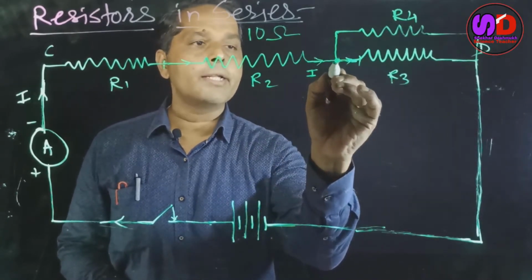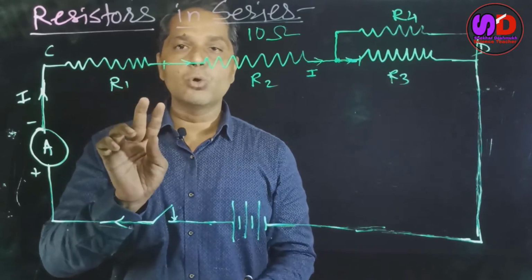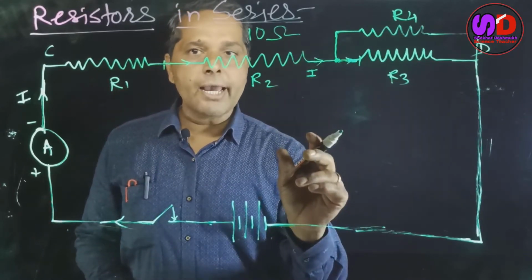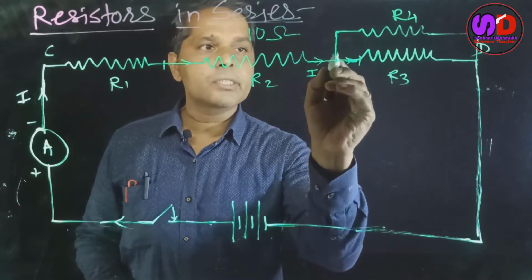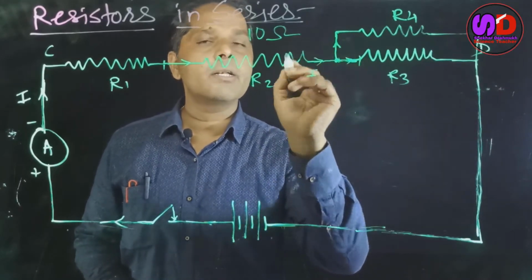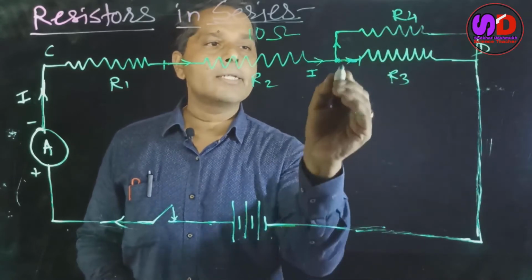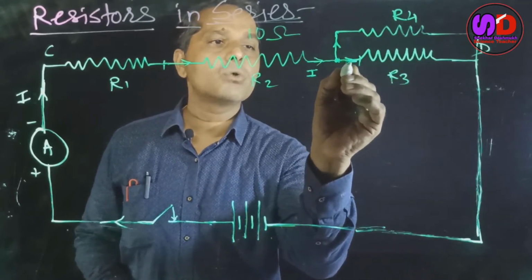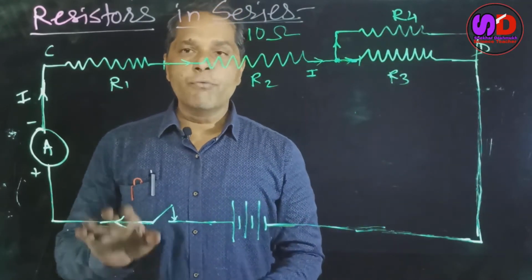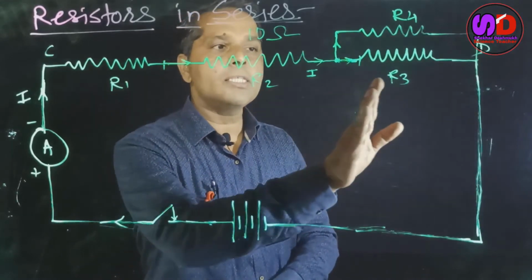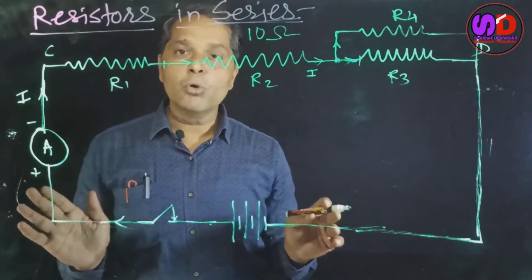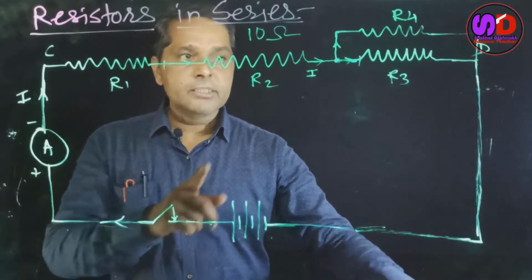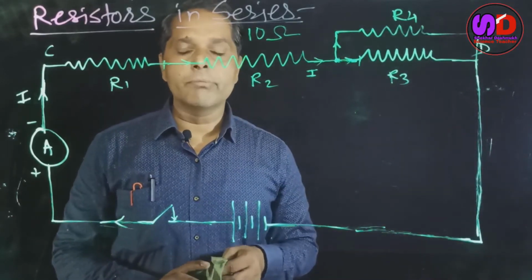At this point it has two ways to go. Suppose I is 10 ampere. From this 10 ampere, some amount of current flows through R4 and some amount flows through R3. So is the current flowing through all these four resistors the same? No, and therefore such a combination is not called a series combination.